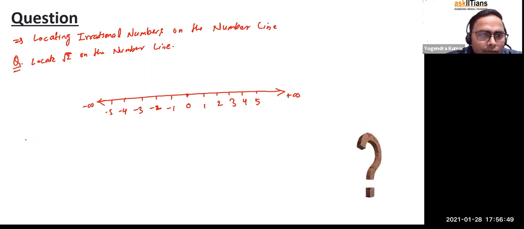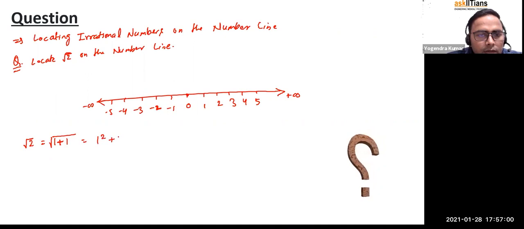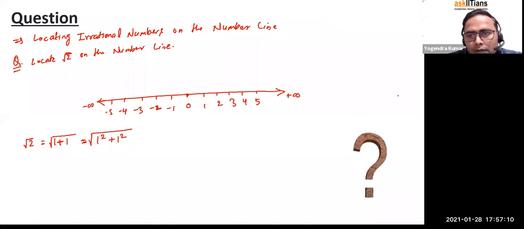Can I write root 2 as 1 plus 1, and I can say 1 square plus 1 square. Now if you look at it, it looks like the Pythagoras equation. The idea is coming from there.